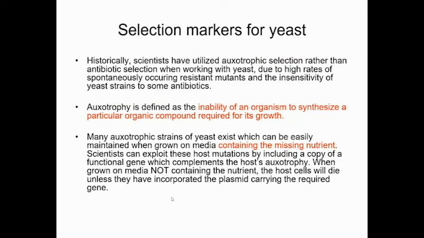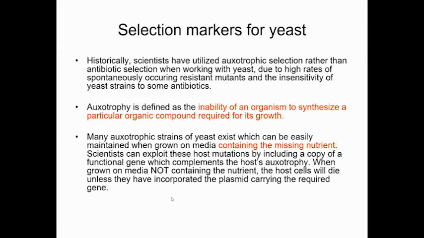And the selection marker for the yeast, as we mentioned earlier, for the yeast cell, normally we use the auxotrophic mutant, and then we use auxotrophic selection. That means the inability of the yeast cell to synthesize a particular amino acid required for growth.